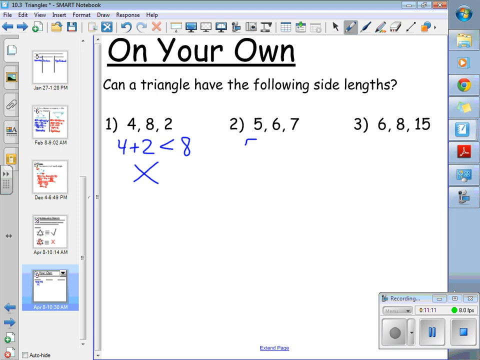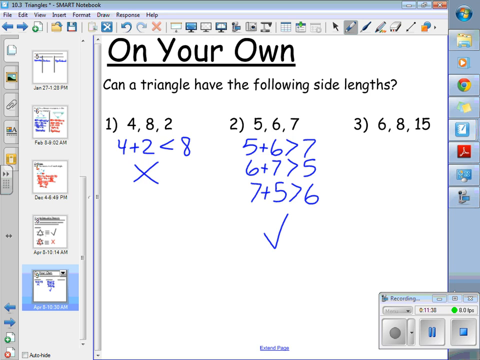For this one, 5 plus 6 is greater than 7. So that works. 6 plus 7 is greater than 5. And 7 plus 5 is greater than 6. So that works.